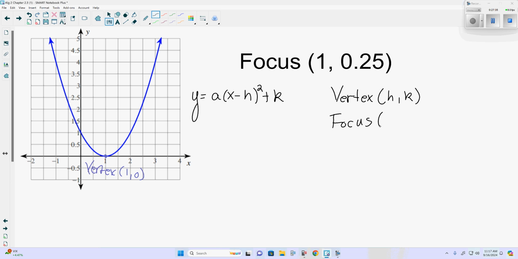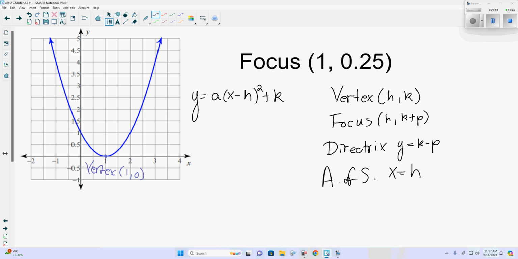Vertex is our h comma k. Focus is our h comma k plus p. Our directrix is y equals k minus p. And our axis of symmetry is x equals h.